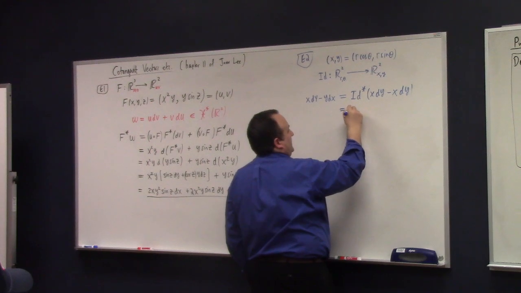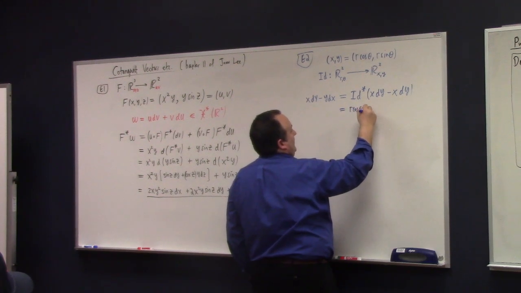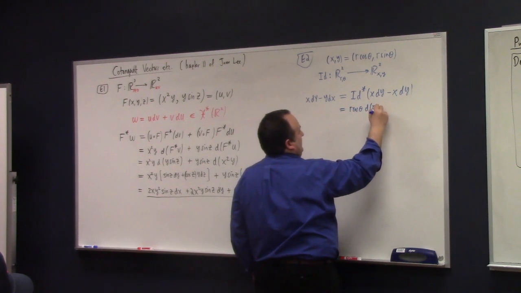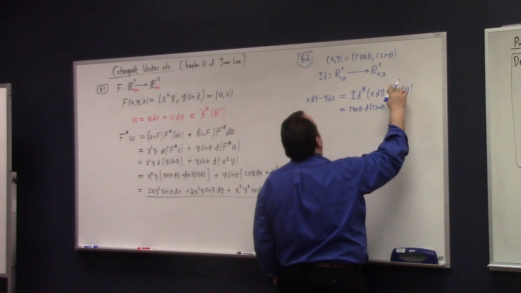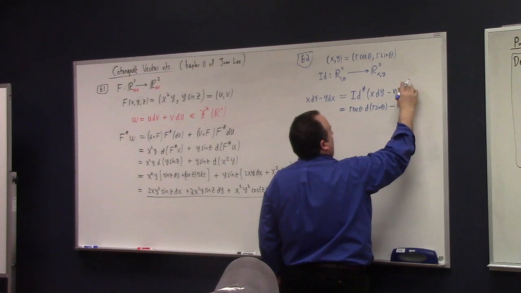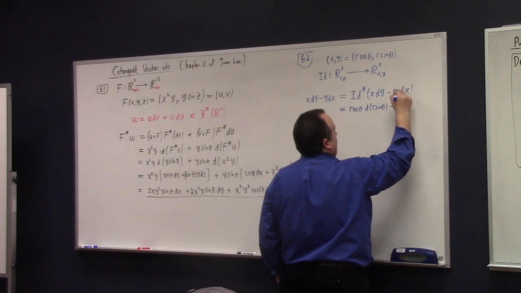So that gives you r cosine theta, and then we've got the differential of r sine theta minus r, oh, that's supposed to be a y, wasn't it? Yeah, my bad. You guys got it.